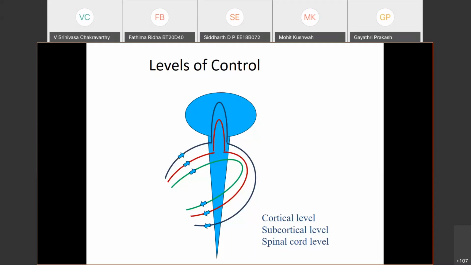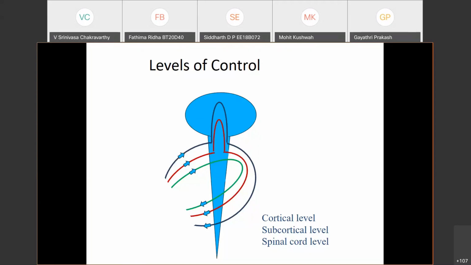The lowest level of control happens straight away at the level of the spinal cord, right? Let's say you're walking and then you step on something sharp. Immediately the signal goes to the spinal cord and the reaction comes back from the spinal cord level, withdrawing your foot. That's called a reflex, and that reflex happens all at the lowest level, at the level of the spinal cord.